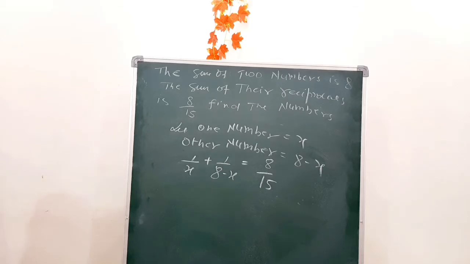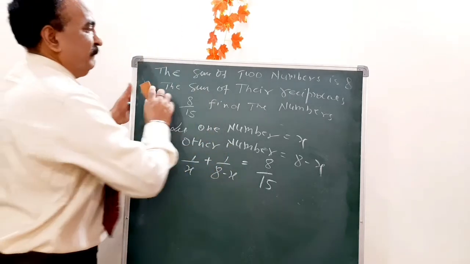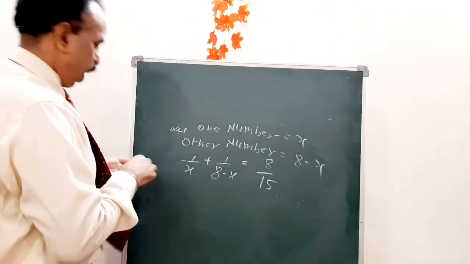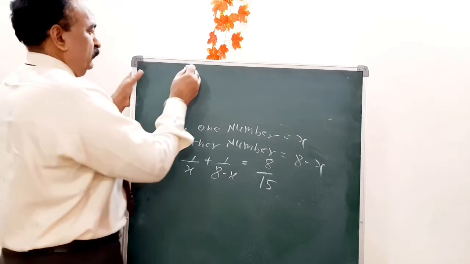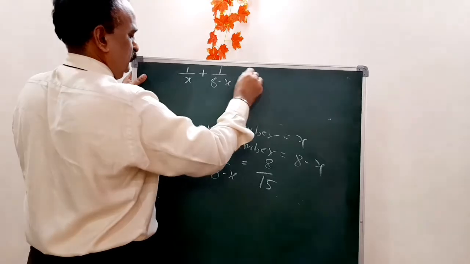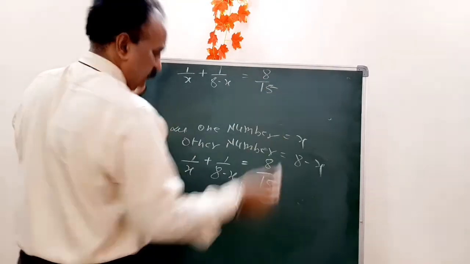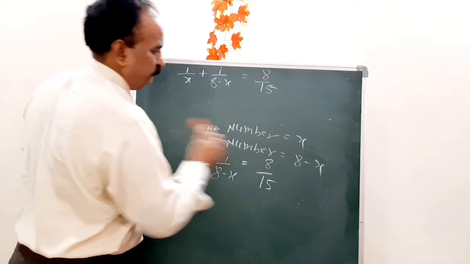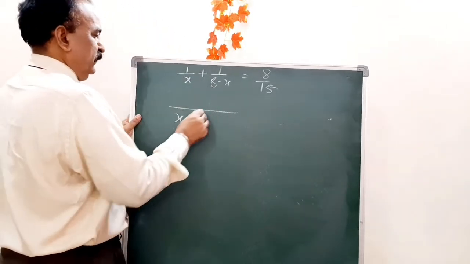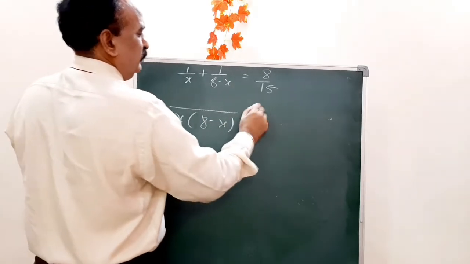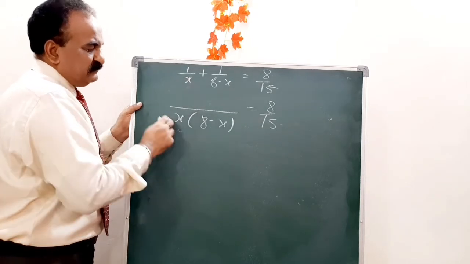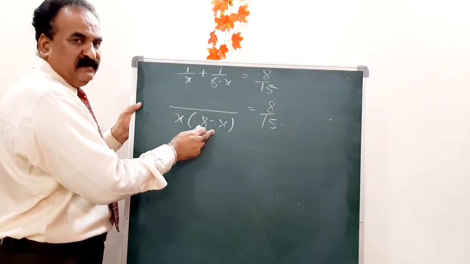Let us see how to solve. 1 upon x plus 1 upon 8 minus x is equal to 8 by 15. Now take the LCM. LCM is x into 8 minus x. Now when you divide by x, x will get cancelled, 8 minus x is there.